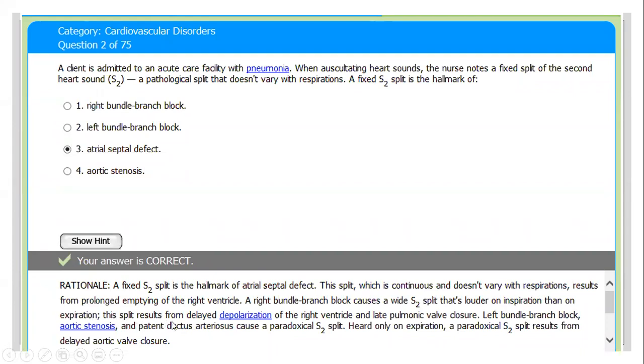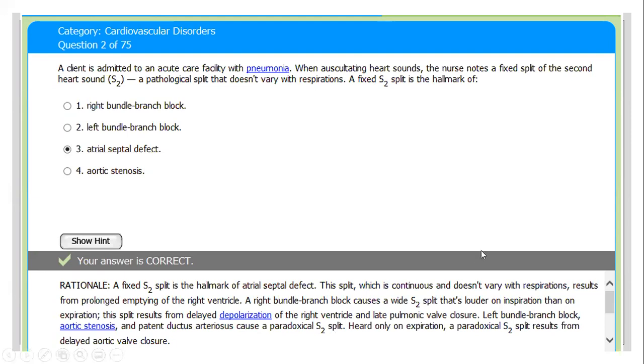This split results from delayed depolarization of the right ventricle and delayed pulmonary valve closure. Left bundle branch block, aortic stenosis, and patent ductus arteriosus cause the paradoxical S2 split, right?